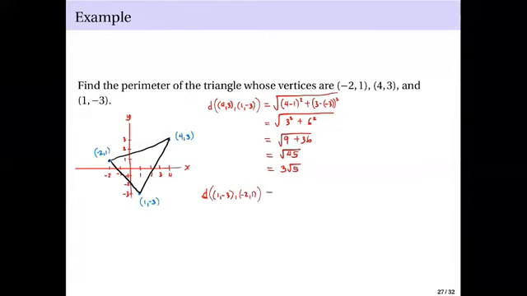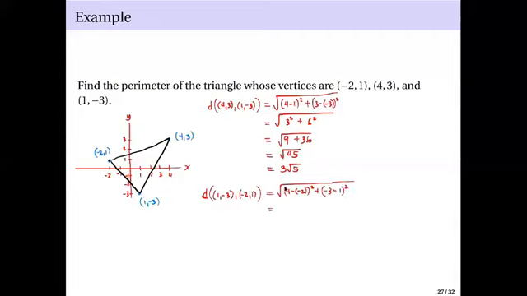So this is square root of, we have 1 minus negative 2 quantity squared plus negative 3 minus 1 quantity squared. And what do we get?